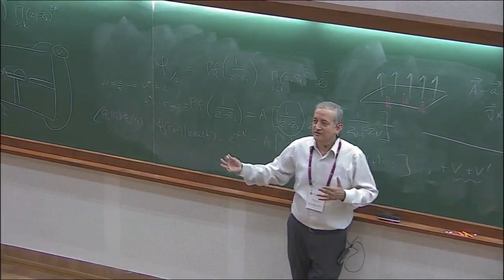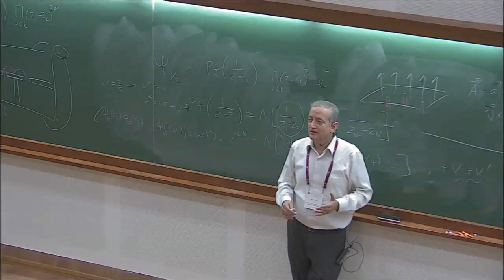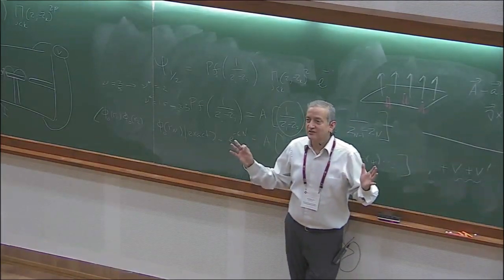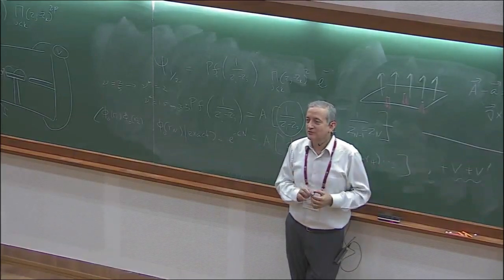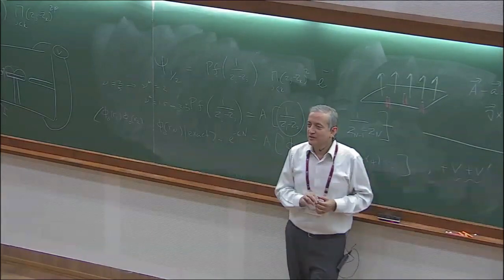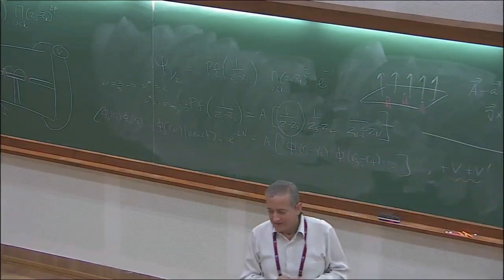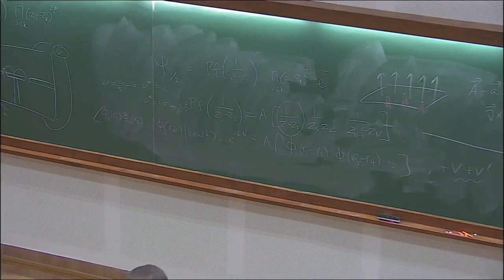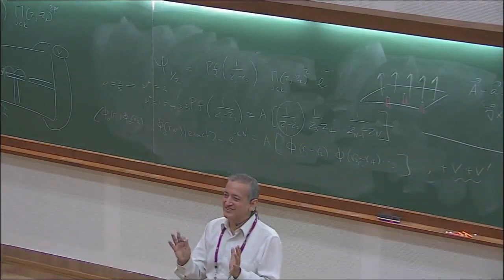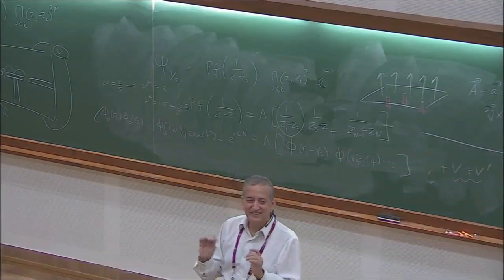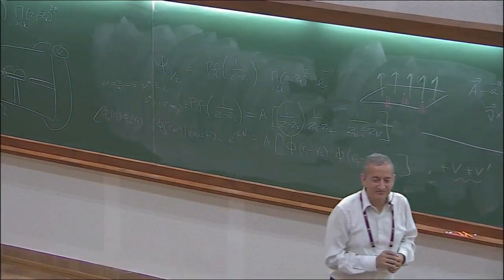So the fact that the overlap goes to 0 is like making a sow's ear out of a silk purse, I would say. So the overlaps are so large, and the epsilon is extremely small for these wave functions.